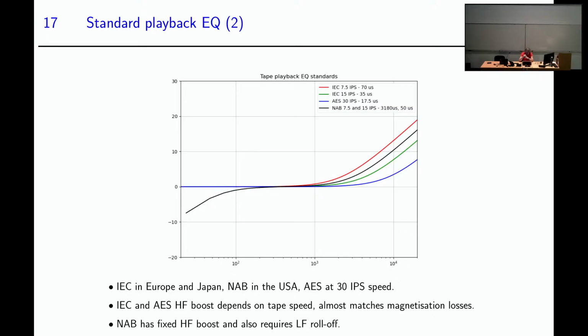The NAB one also had a low frequency boost below 50 Hertz on recording and the corresponding roll-off on playback. So if we recorded the bass drum at high level, it would get extra saturated and compressed because of this low frequency boost.